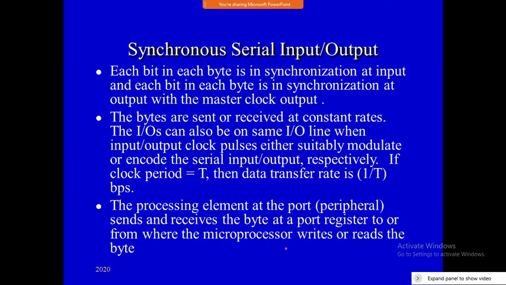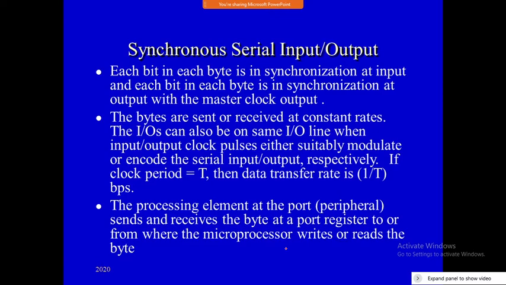Here, each bit in a byte is in synchronization at input, and each bit in each byte is in synchronization at output with the master clock output. The bytes are sent or received at constant rates. The I/Os can also be on the same I/O lines when the input-output clock pulses are suitably modulated or encoded with the serial input-output respectively.